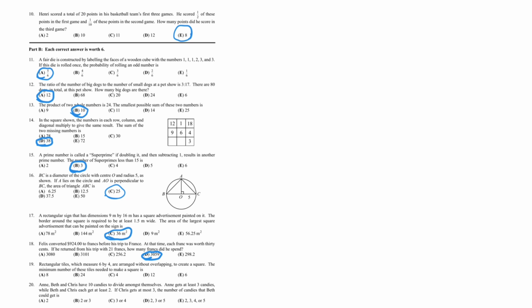Number 19. Rectangular tiles which measure 6 by 4 are arranged without overlapping to create a square. The minimum number of these tiles needed to make a square is? So the tile is 4 by 6.